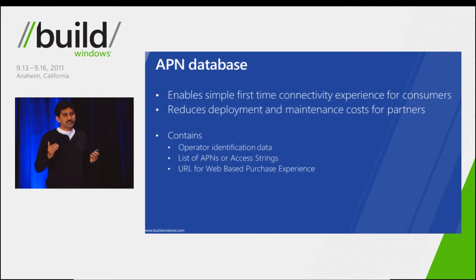If Windows doesn't have any internet connection at that time, it may not be able to download the app. But we would like to get the user connected in that scenario. To enable that, we are providing a URL inside the APN database. So the user can go to the browser using the URL inside the APN database and purchase the subscription. This is similar to what you see on Wi-Fi captive portals today.